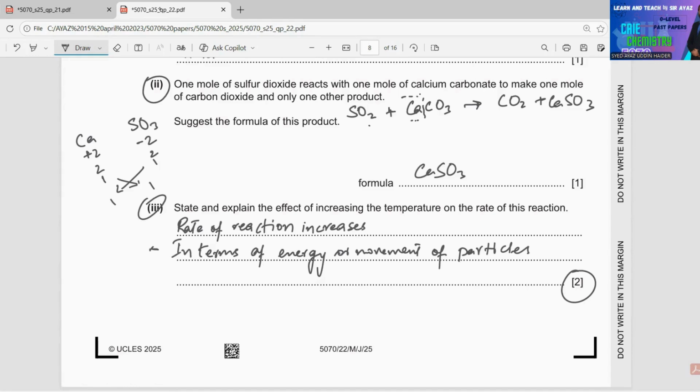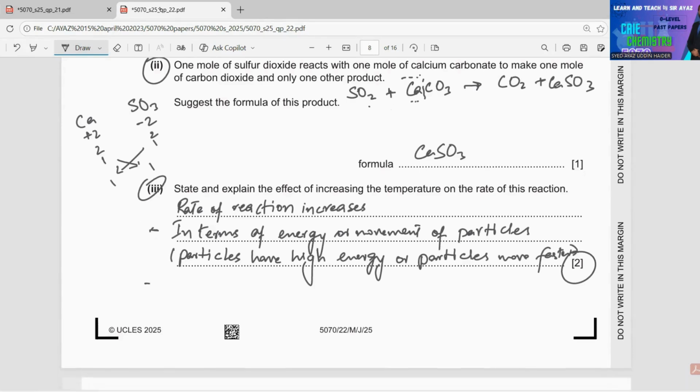Like, you have particles having high energy. Particles have high kinetic energy or high energy. Or particles move faster.